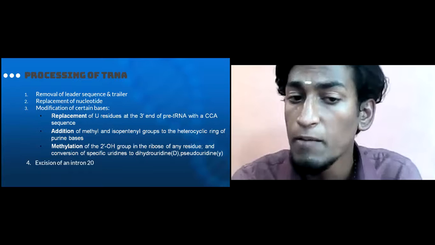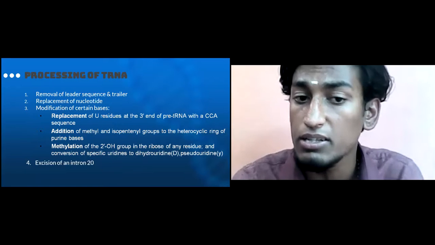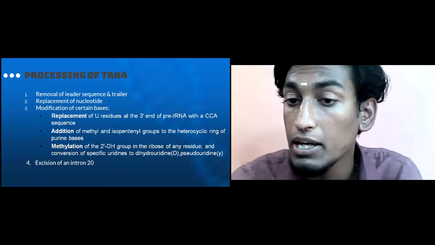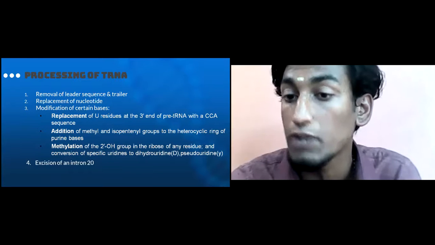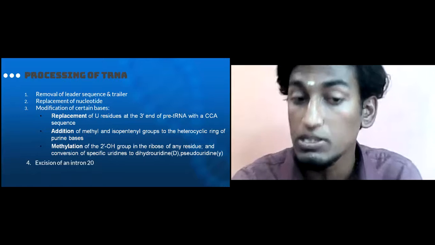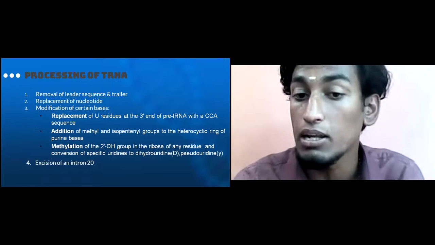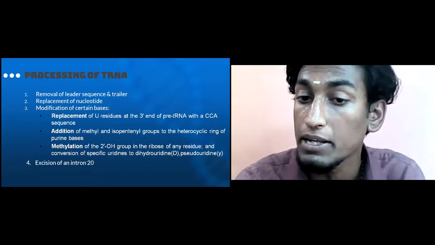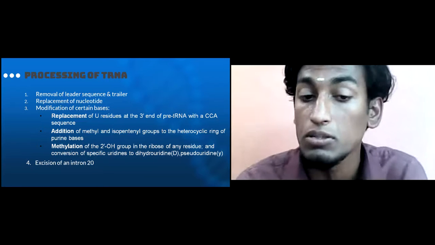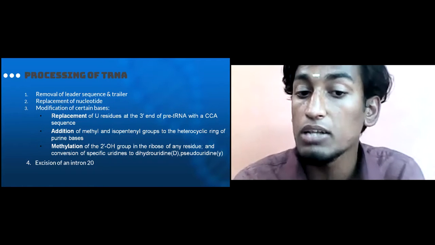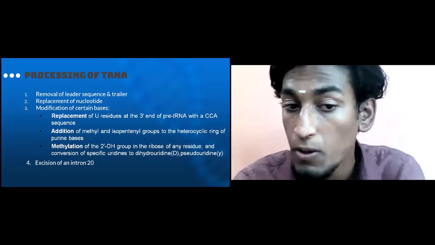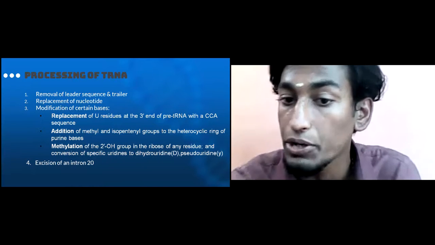The first is replacement, in which there is a replacement of uracil residues at the 3' end of pre-transfer RNA with the CCA, cytosine cytosine adenine sequence, and addition of methyl and isopentenyl groups to the heterocycle ring of the purine base. And the third process is methylation, where there is a methylation of the 2-OH group in the ribose of any residue, and there is a conversion of specific uridines.